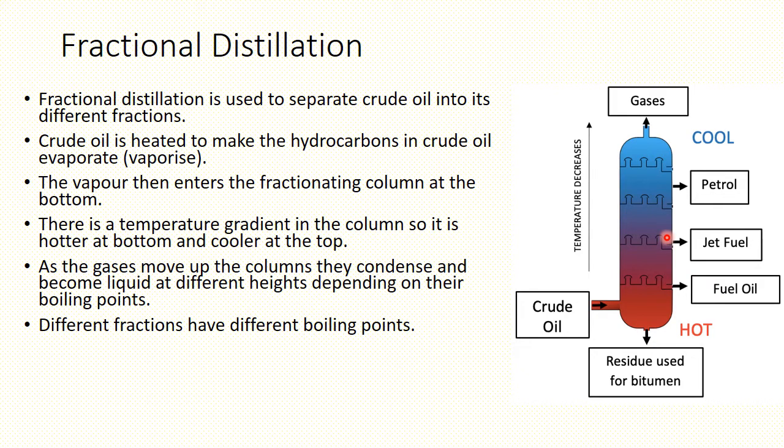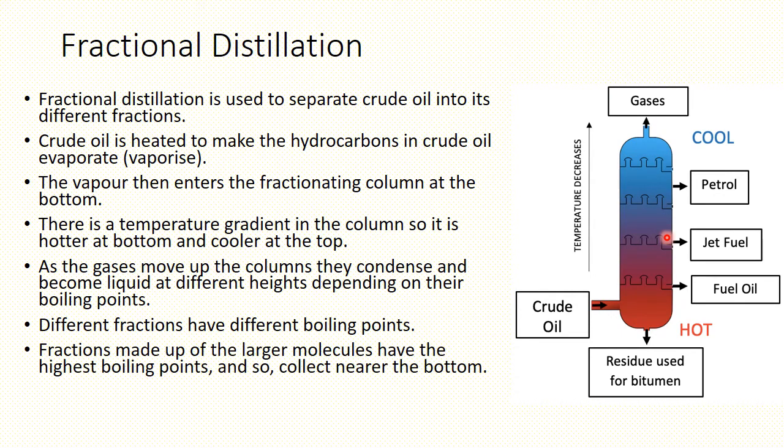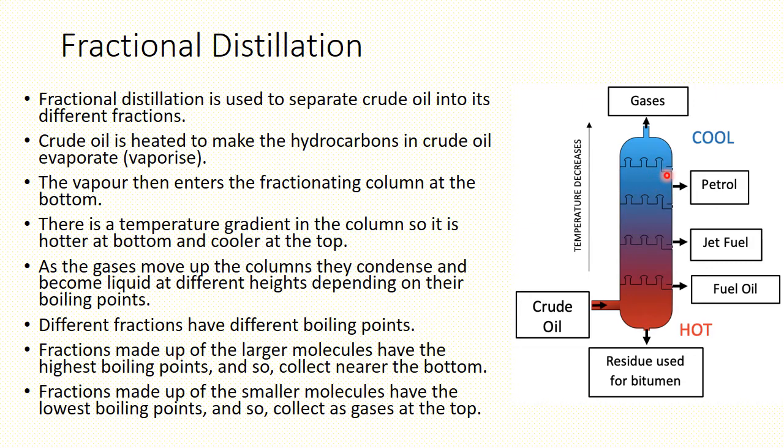Now, those boiling points are determined by the length of the chains that we find within the fraction, within the crude oil mixture. So longer chains, larger molecules have higher boiling points, and we'll explain that next lesson. And so we find that they will collect near the bottom of the column, whereas fractions that have smaller molecules will have lower boiling points, and so they will come out as gases at the top, or they will condense at much cooler temperatures in order to form gases.